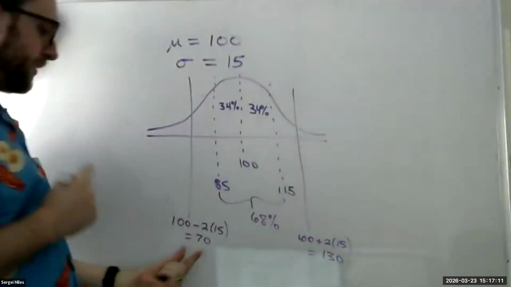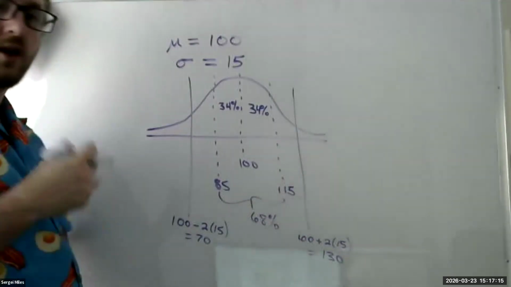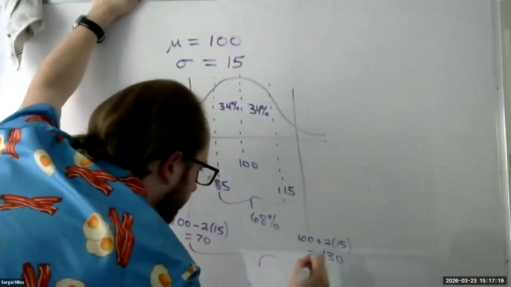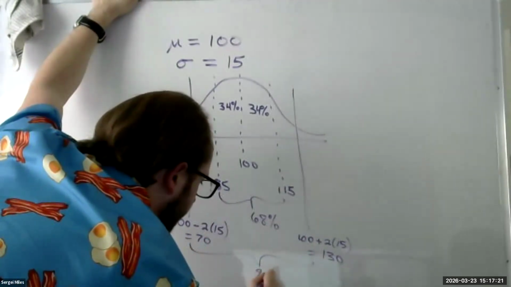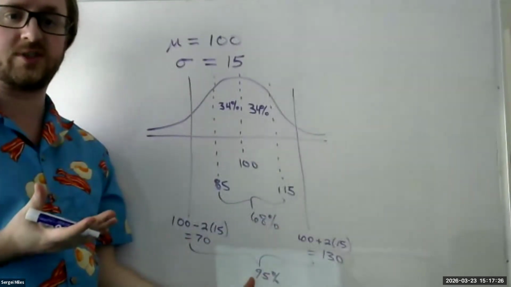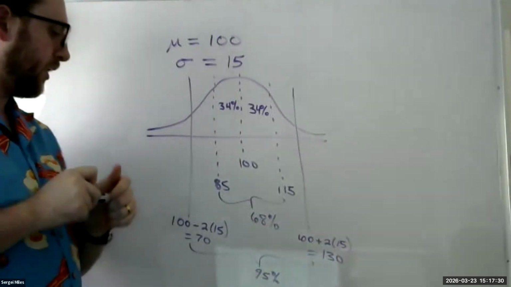So now I'm looking at what percentage of people have an IQ between 70 and 130. According to the empirical rule, this is 95% of the population. Even that's pretty high. That's almost everybody, right? That's 95%.